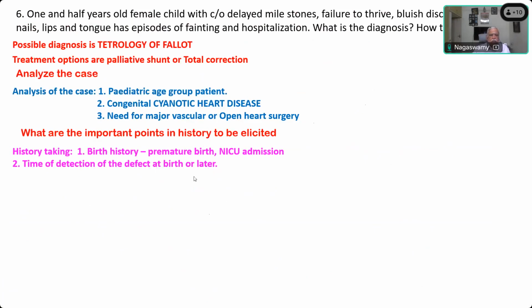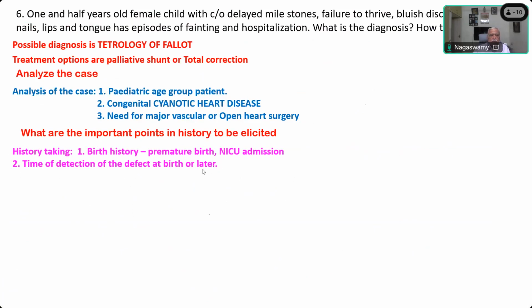Will all the cyanotic heart disease exhibit at birth itself, or will it take some time to exhibit? It takes 3 to 4 weeks. Why? Because the problem starts after the PDA closure. Okay, so most of the cyanotic heart disease will not be detected at birth, but soon after the PDA closes, which may happen in 3 to 4 days, not 3 to 4 weeks.